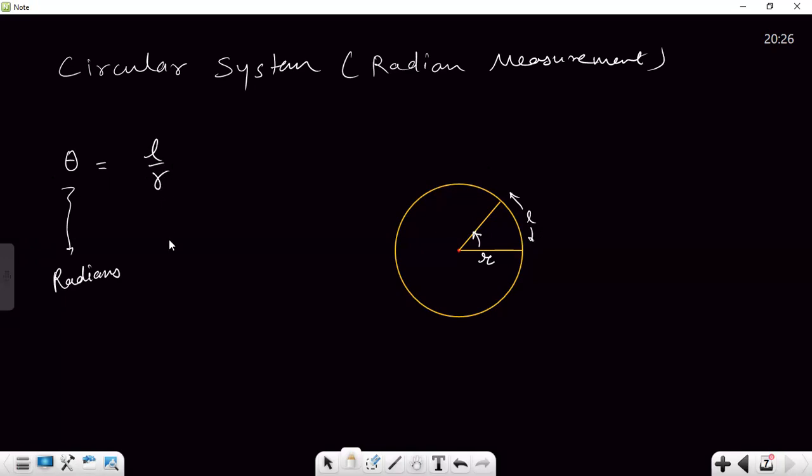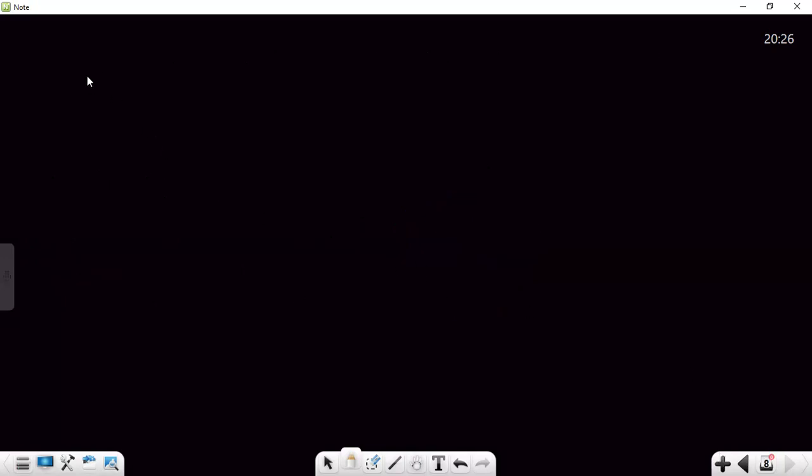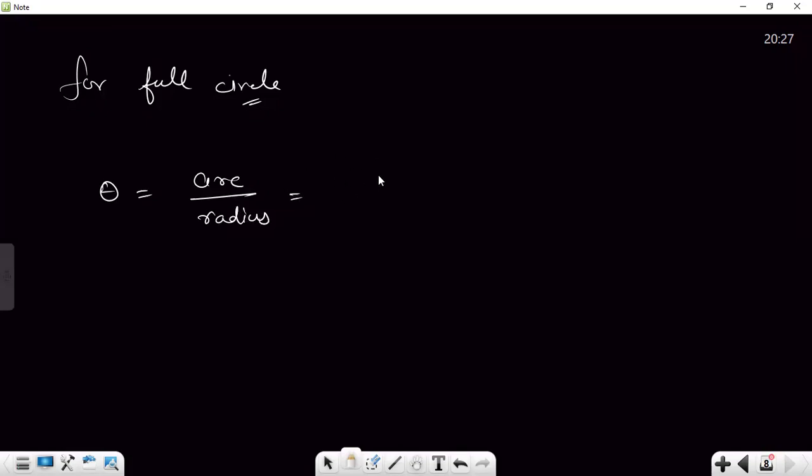And a radian is, let's say, what will be a full circle here? The theta for a full circle will be the arc upon radius. What is the arc for a full circle? That is the circumference.